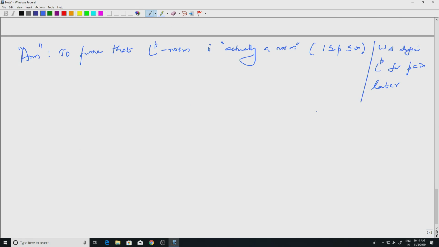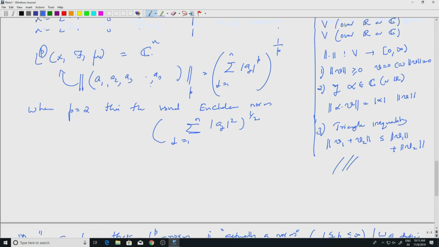So, define L infinity of (X, f, mu). Well, what should be L infinity? Let's look at the trivial example we have of Euclidean spaces. That is the L^p norm.